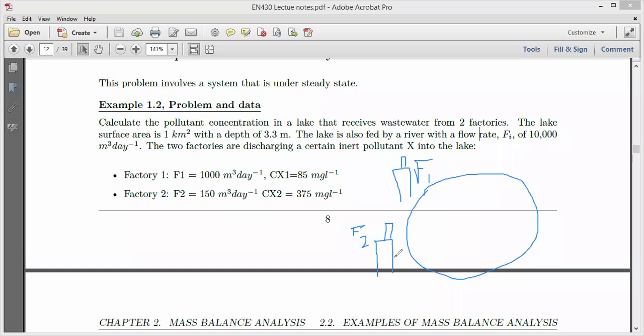Both these factories are emitting what? Effluent into our lake. And these are the rates, the flow rates given here. Okay, so let's move down and see what else.